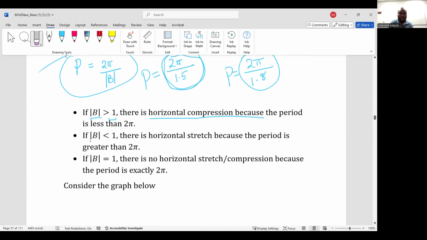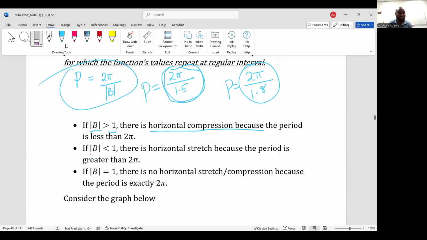Now you are already thinking, what if the absolute value of B is less than 1? If that positive number is less than 1, then you see that the period itself becomes bigger. So we say there is horizontal stretch because the period is greater.